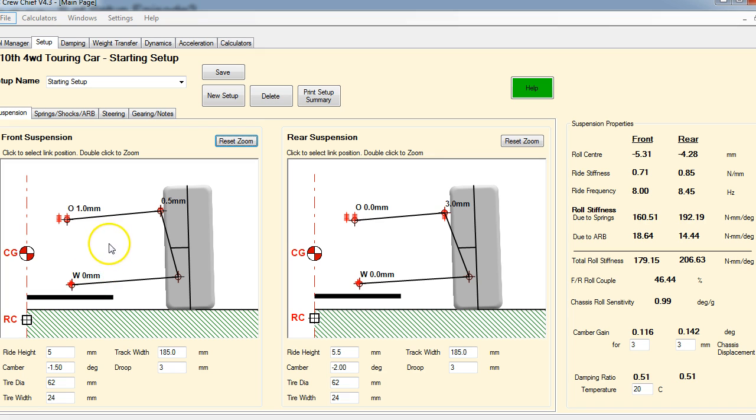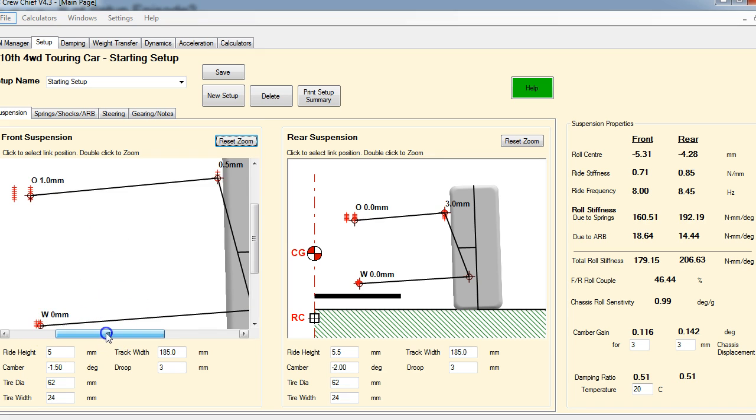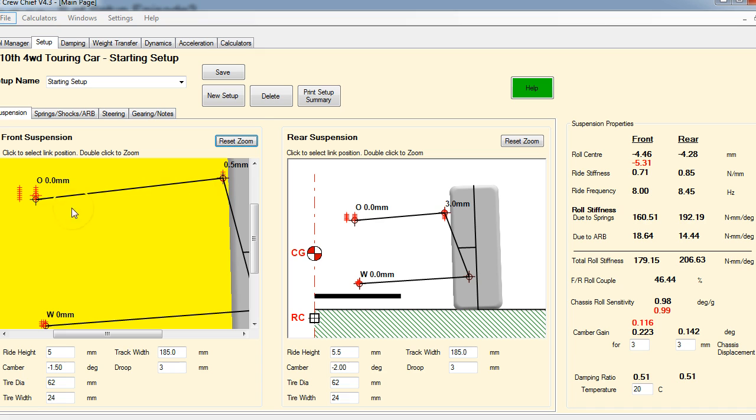So quickly, let's zoom in here a little bit, makes it easier to select points. If we change our upper arm, we lower it, so now the angle of the upper arm is more of an angle toward the lower arm. You can see here that our camber gain has increased. It's gone from 0.1 to 0.2. We can do a similar thing and make it even more. We can raise the outer point. If we raise the outer point, you can see now we've gone to 0.365.